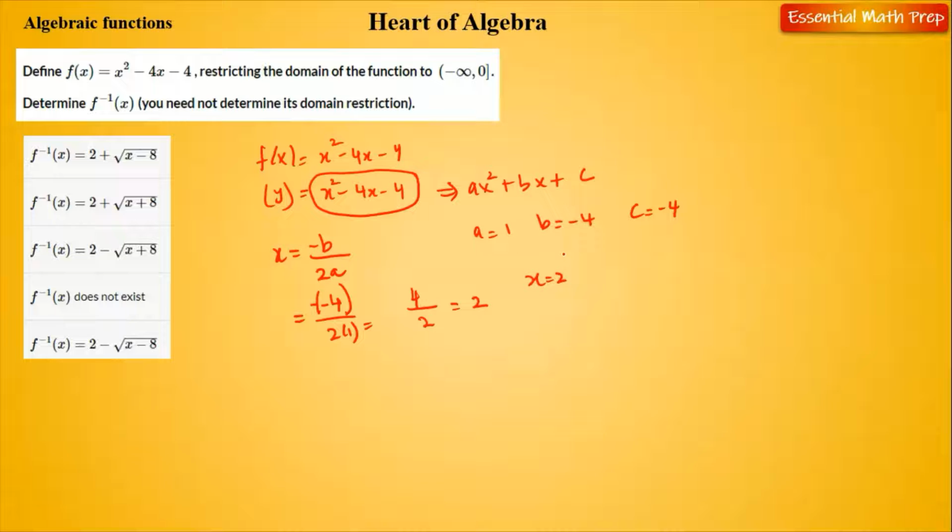So what's the vertex form? The vertex form of f of x for a parabola is y equals a times x minus h squared plus k, okay? So we know this is h. We still need to find k.